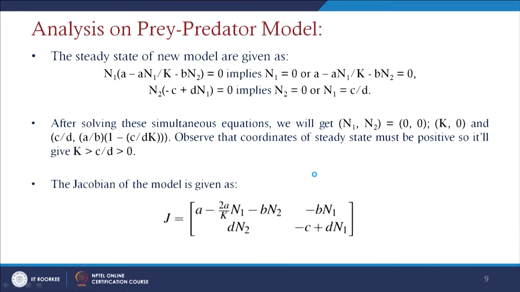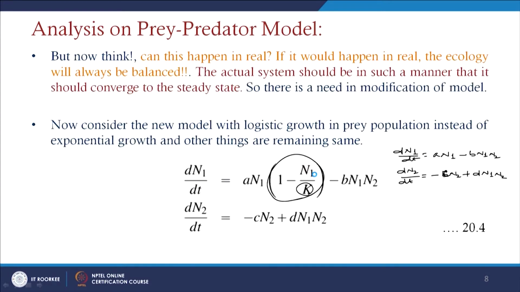Then, for further analysis of this modified model, considering the logistic growth model instead of exponential growth, we can set this one equal to 0 and this one equal to 0 here.